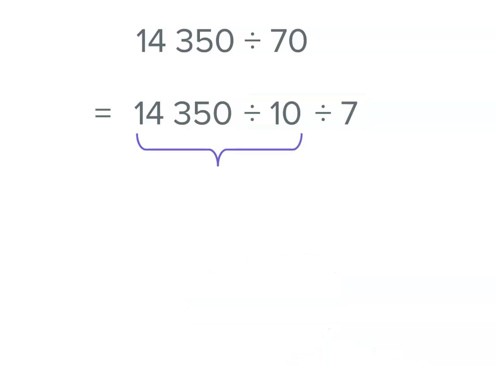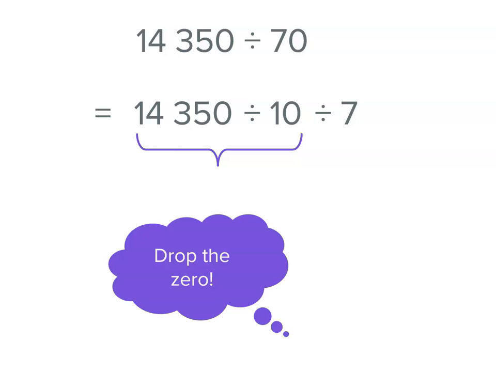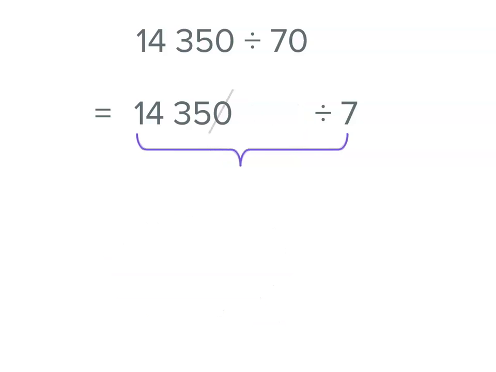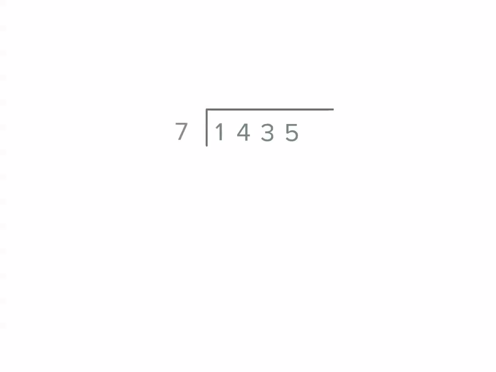Well, when we divide by 10, if our number ends in 0, remember we can drop the 0. So we've actually now got 1,435 divided by 7. So we've actually divided by 10 already, and that's what we're left with. Let's work that out. If we divide that by 7, one of the thousands we can't allocate, but then that 1,000 becomes 10 of the hundreds.